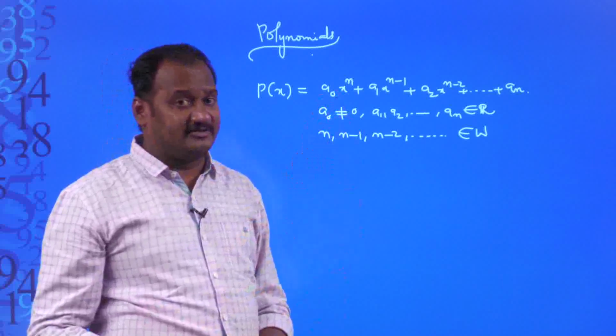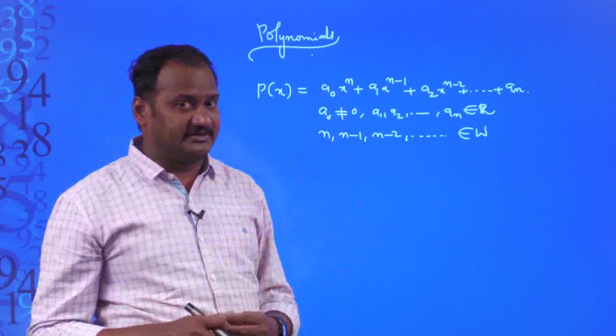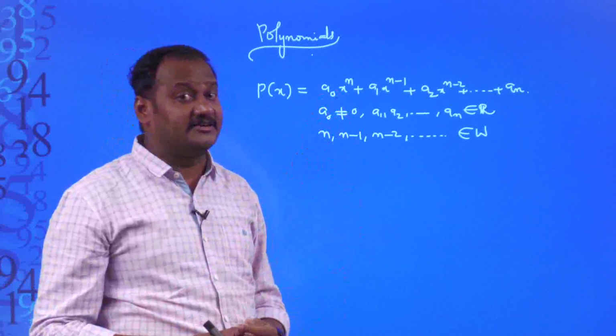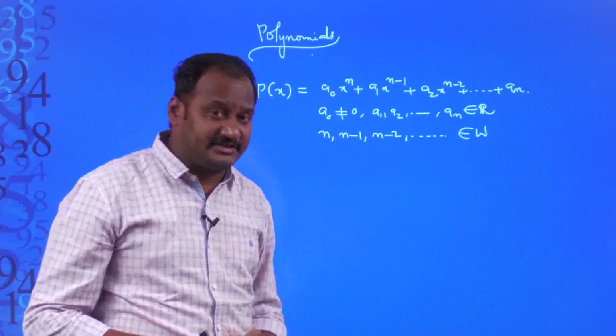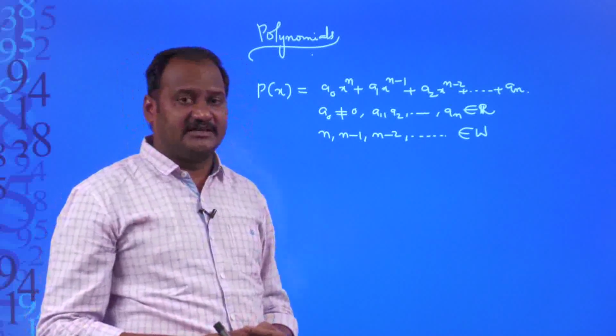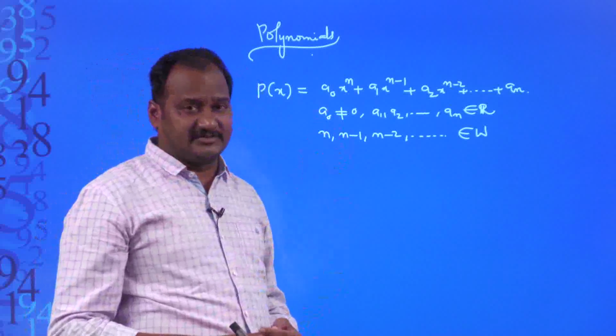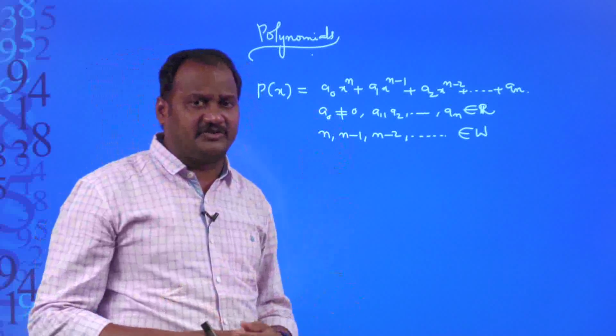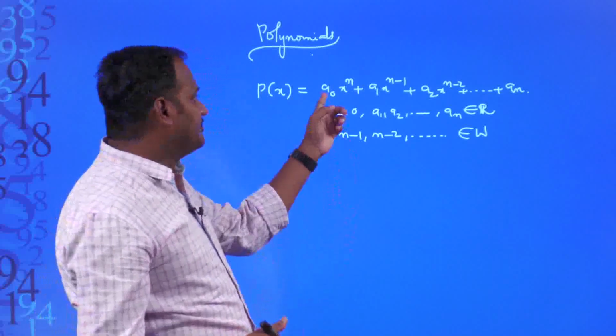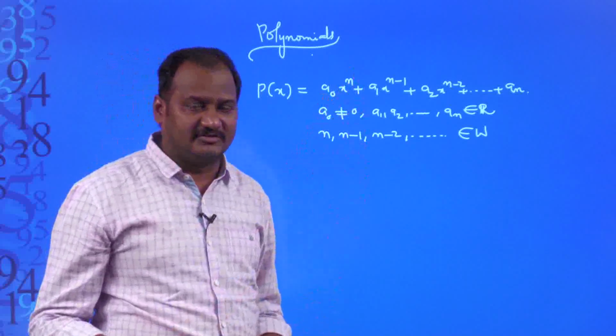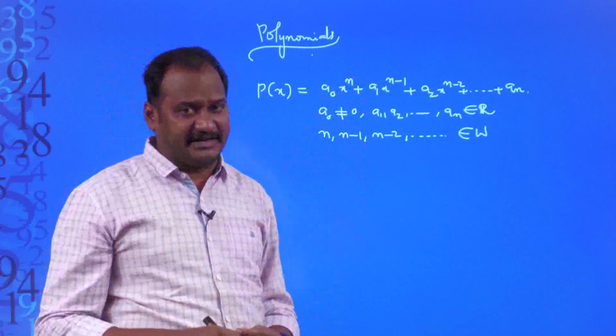Why is a0 not equal to 0, and what do you call that a0? a0 is called the leading coefficient, meaning the coefficient of the highest powered term. Here the leading coefficient is not supposed to be 0. What happens when the leading coefficient is equal to 0? Then 0 into x to the power of n is equal to 0, meaning there is no x to the power of n term.